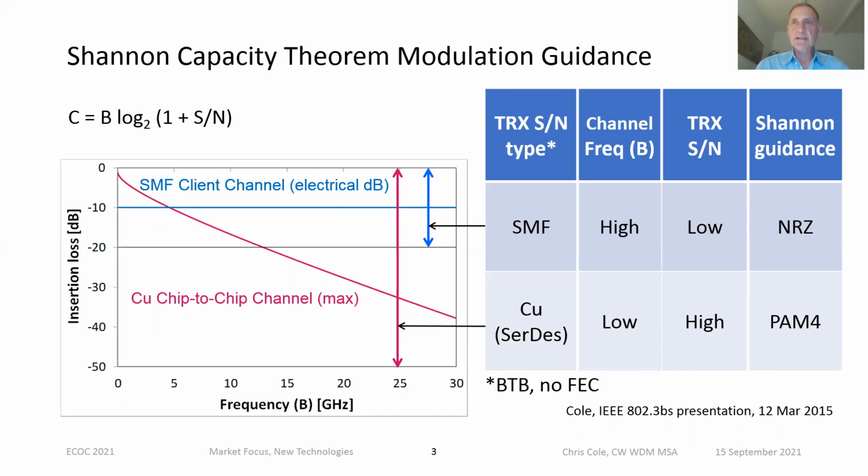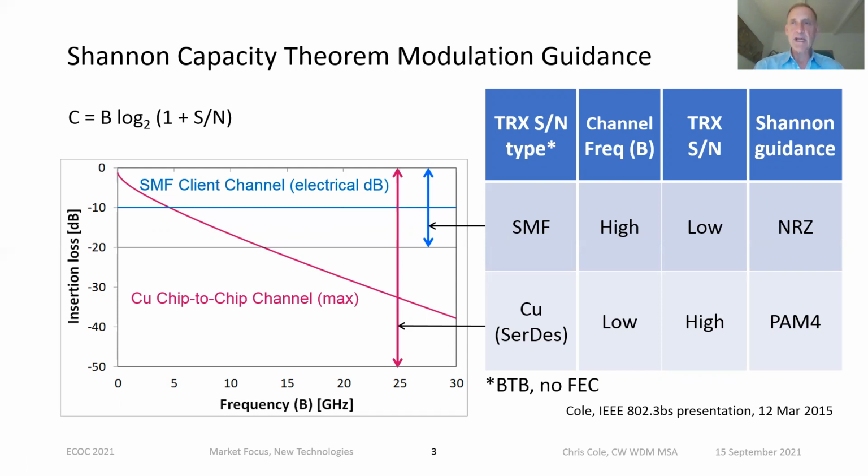Let's also look at modulation choices, and in particular, turn to Shannon for guidance. Here's Shannon's capacity theorem. It states that the theoretical capacity limit is the bandwidth times log 2 of 1 plus the signal to noise ratio.